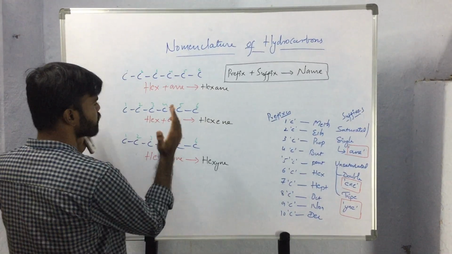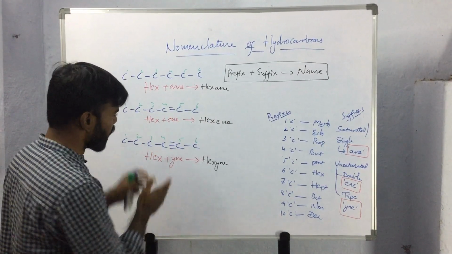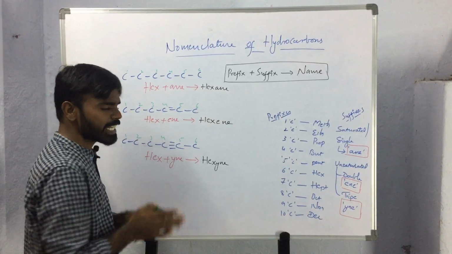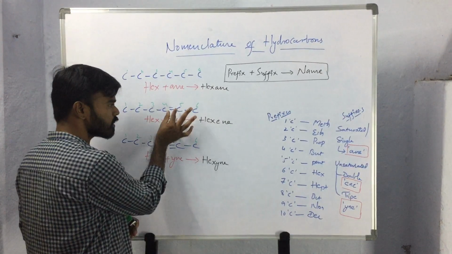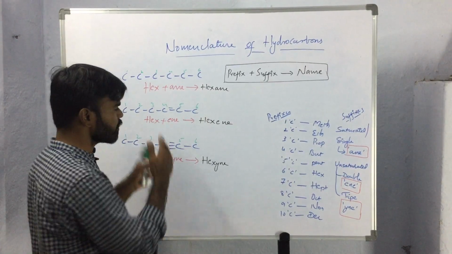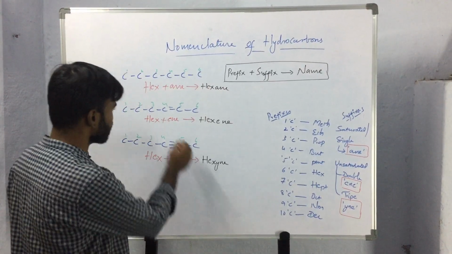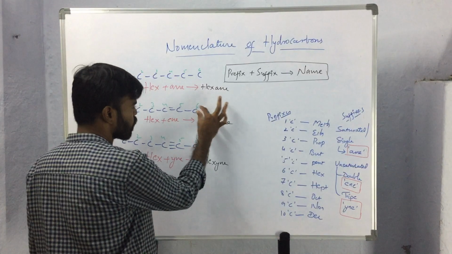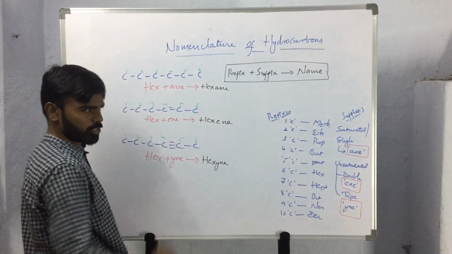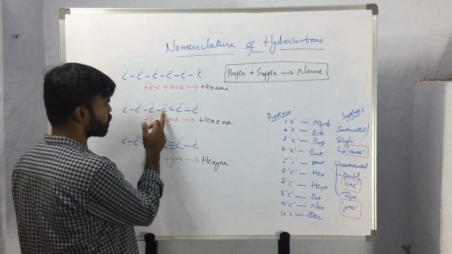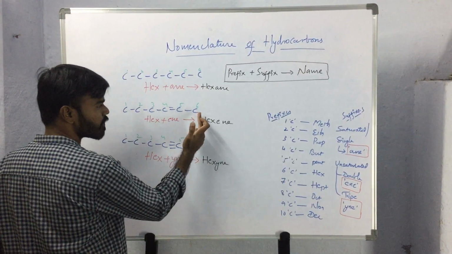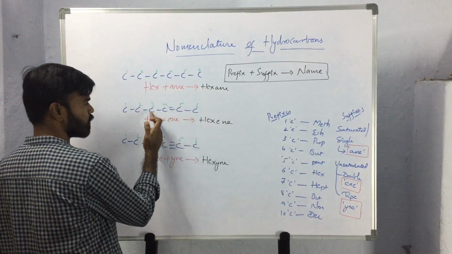While naming these unsaturated hydrocarbons, another thing we should keep in mind is that we should designate the position of the unsaturation, that means on which carbon atom this unsaturation is present. If we observe the numbering we gave in this compound, we started numbering from this direction, 1, 2, 3, 4, 5, 6. We can also start numbering from the other direction, 1, 2, 3, 4, 5, 6.